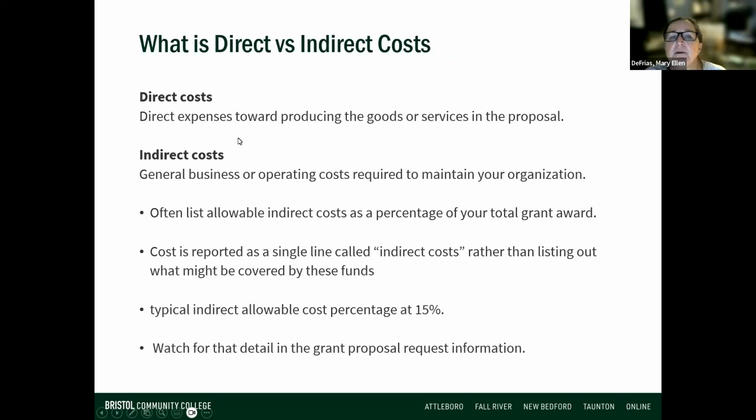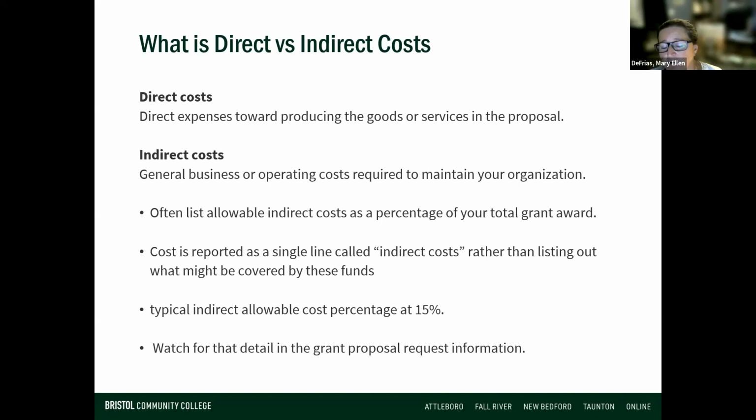So when we talk about direct and indirect costs, direct costs are exactly what it takes for you to produce the goods or service, right? So your direct costs would be what it costs you to buy the products that are on your shelves or to actually fix the bicycle. The indirect costs are the overhead of what it costs you to operate the business.